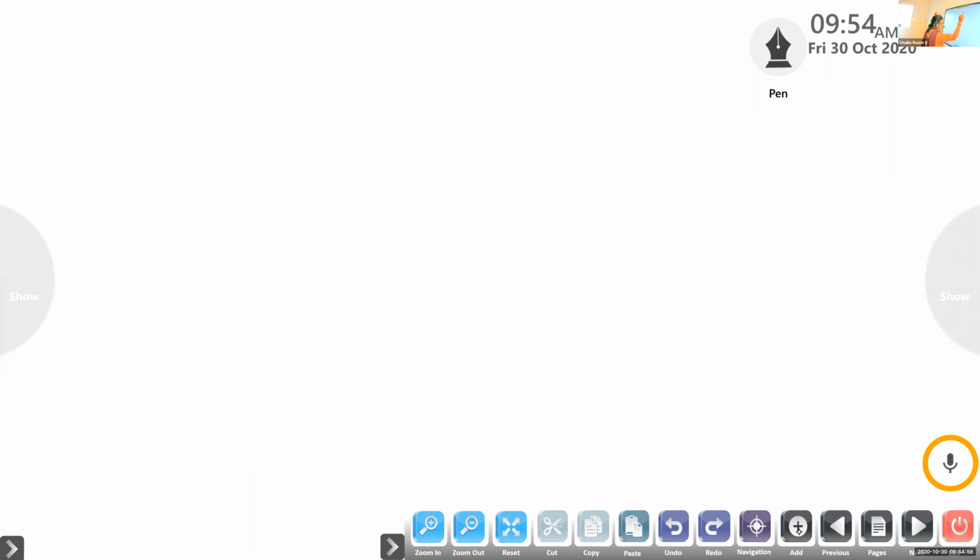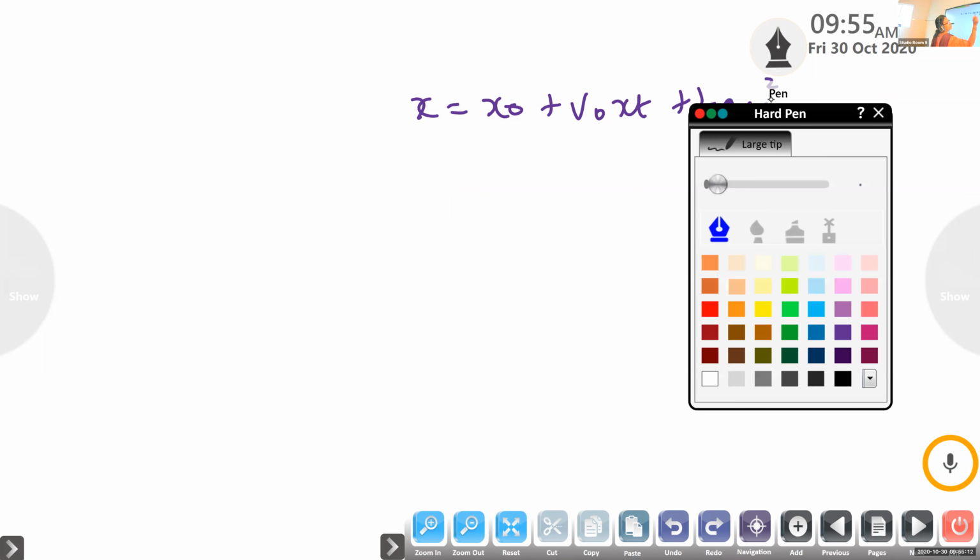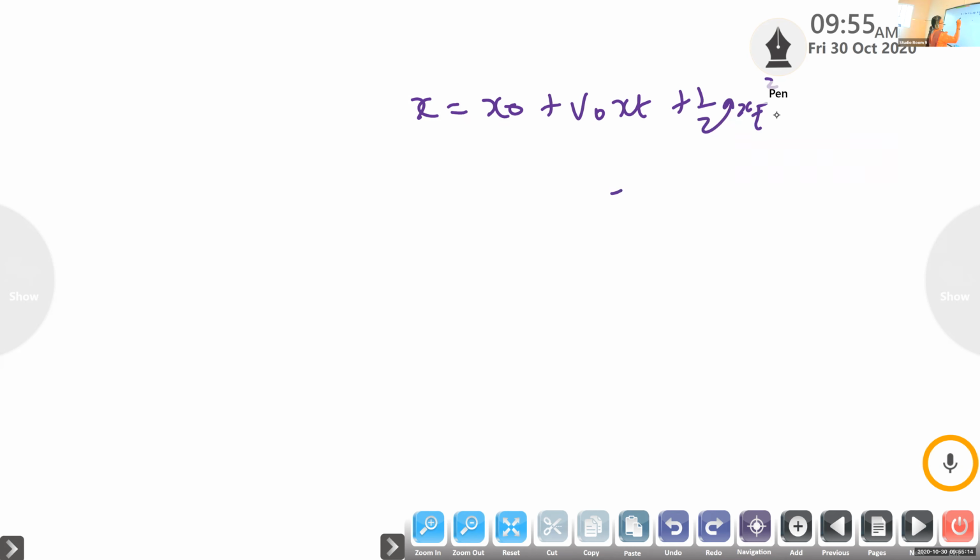I'll write, then write. We have learned x is equal to x0 plus v0x t plus half ax t square. Then y is equal to y0 plus v0y t plus half ay t square.